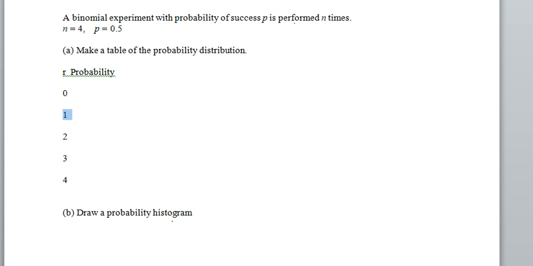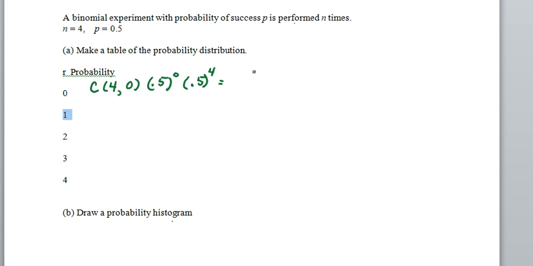And so the probability for 0 successes is the combination of 4 things where 0 of them are selected, times 0.5 to the 0 times the probability of no success, which will also be 0.5 to the 4.